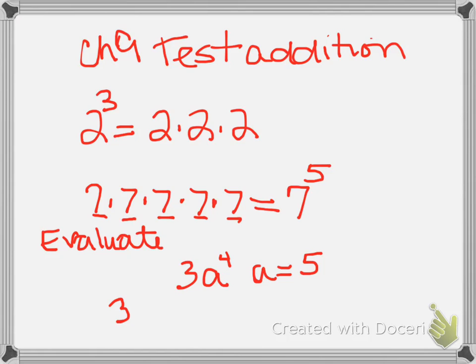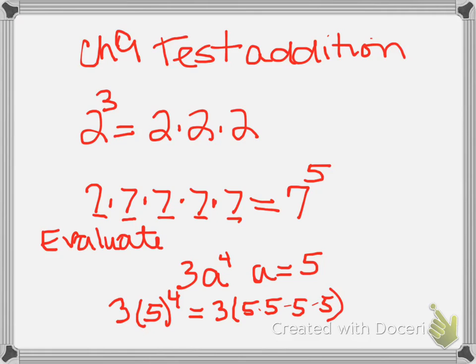So you would have 3 times 5 to the fourth power. If you follow PEMDAS, you should do the exponent before you do the multiplication. So you would have 3 times 5 times 5 times 5 times 5.